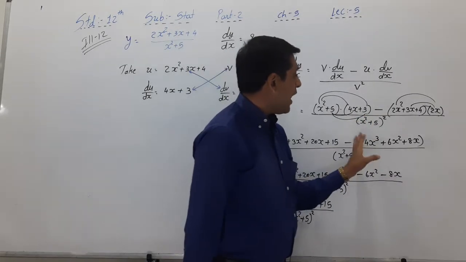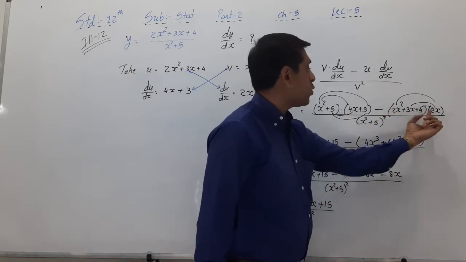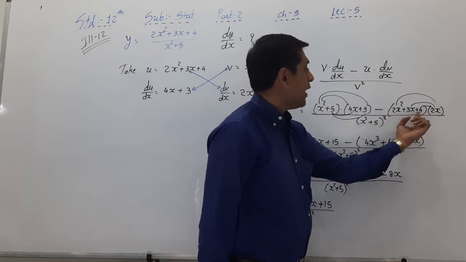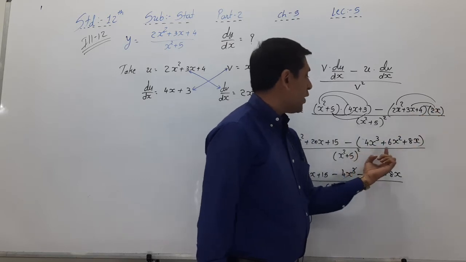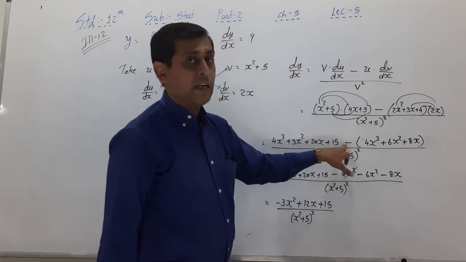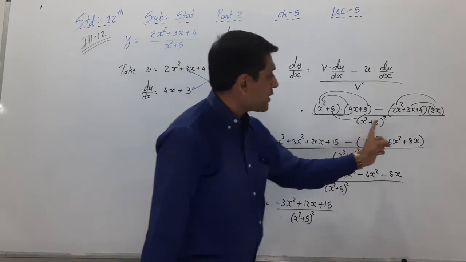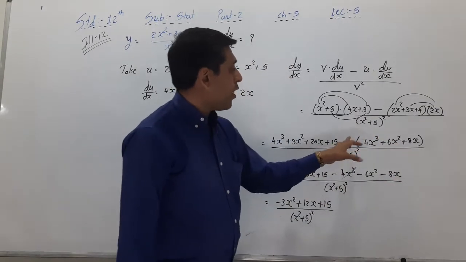Now I am writing that particular one: first of all into the bracket, 2x square into 2, 3x into 2x and 4 into 2x, that is 4x cube plus 6x square plus 8x. Now the minus sign is on the outer side of the bracket, that's why all the signs inside the bracket will change from plus to minus.